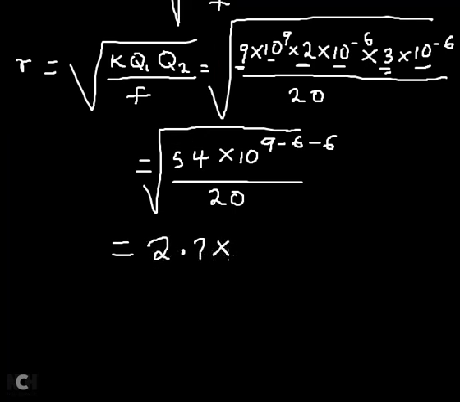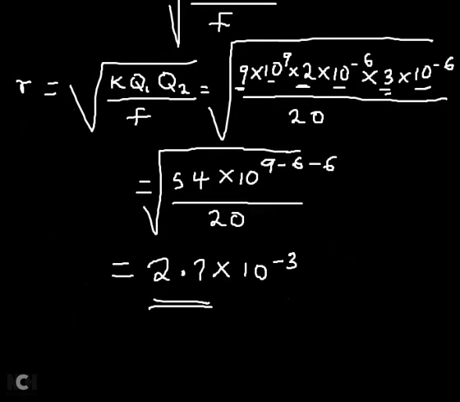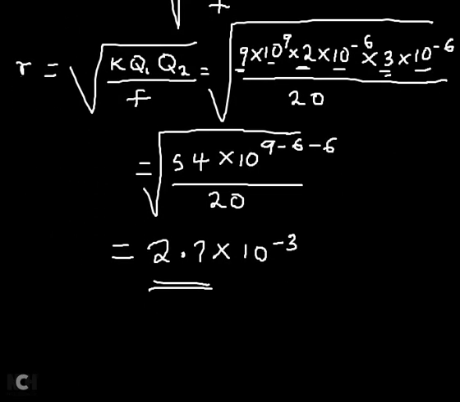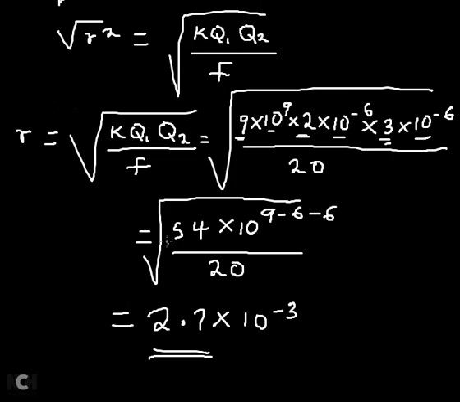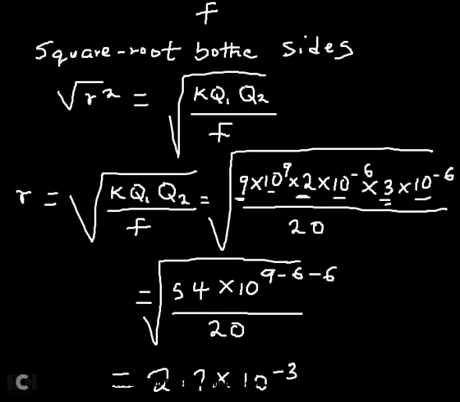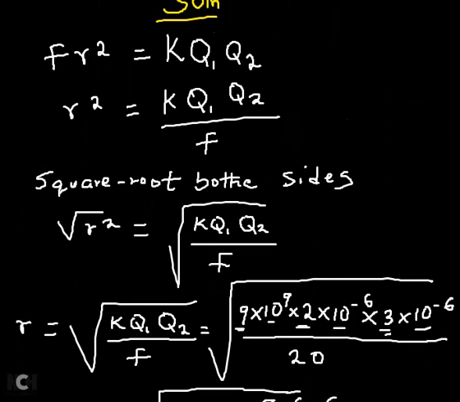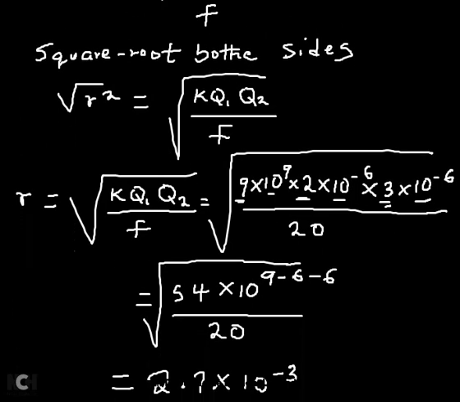Then times 10 raised to the power of 9 minus 6 is 3, and 3 minus 6 is minus 3. I don't have to put any unit here since I'm not working on physics, just mathematics, so the unit is not really important now. So that is how we change the subject of a formula and substitute.